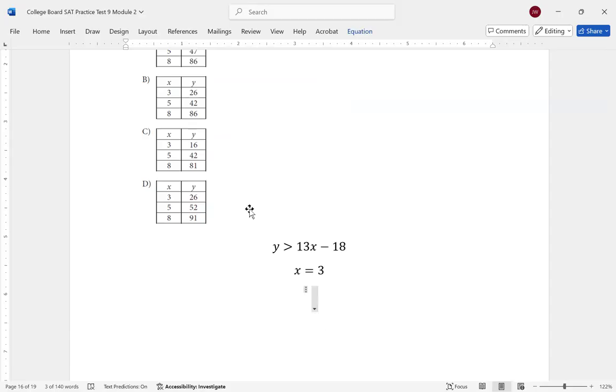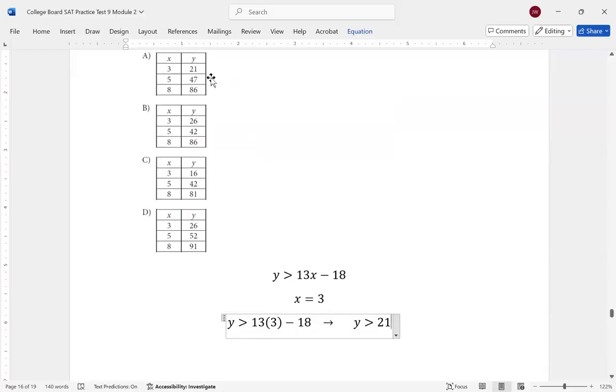If we have an x value of 3, then our corresponding y value has to be greater than 13 times 3 minus 18. So that means our corresponding y value has to be greater than 21.